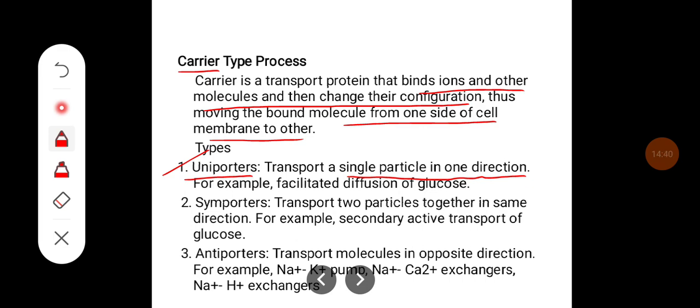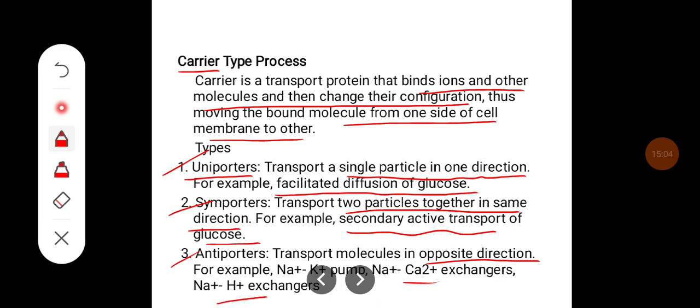For example, facilitated diffusion of glucose. Symport, where two particles together in the same direction are transported. For example, secondary active transport of glucose. In the antiport, the transport of molecules occurs in opposite direction. For example, sodium potassium pump, sodium calcium exchanger, and sodium hydrogen exchanger.